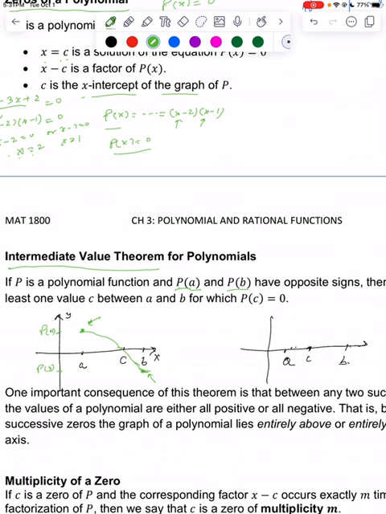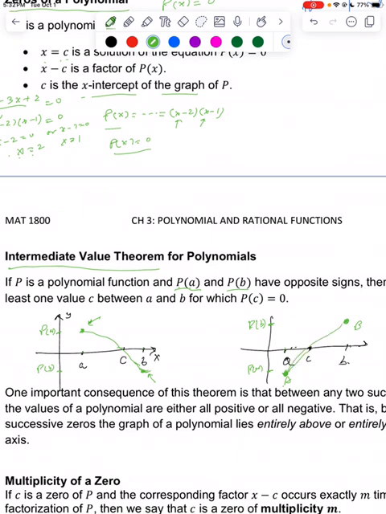So p of b is here and p of a is down here. Still, in order for the graph to go from this point to the point up there, let me call it a and this b, to go from point a to point b, it has to cross the x-axis and it will cross it at the zero of the polynomial.